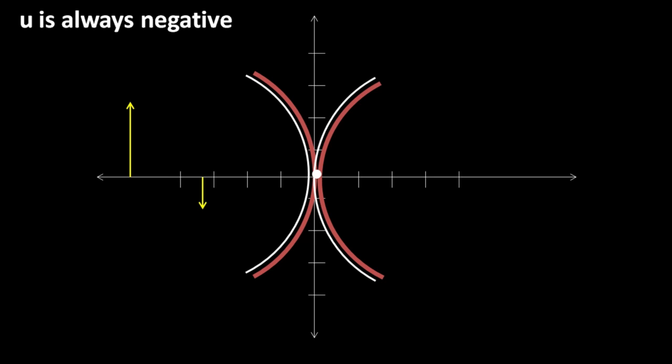If we measure the distance of the real image from the pole, it would come out to be negative. So image distance for real image is always negative.